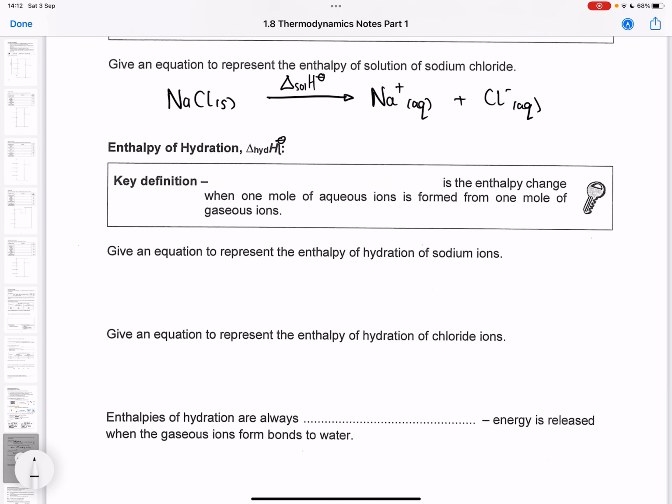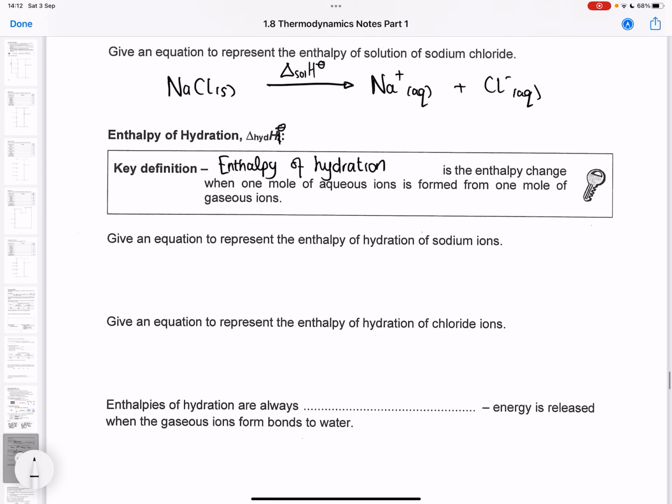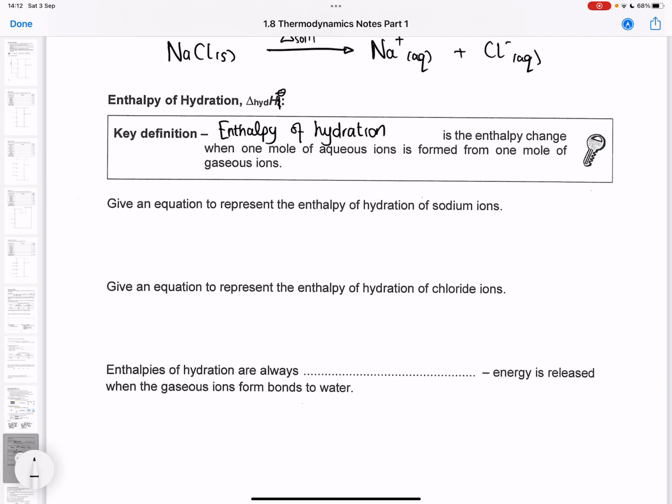Whereas hydration, I'll just correct that, there's a bit of an error there, is the enthalpy change when 1 mole of gaseous ions becomes 1 mole of aqueous ions. And so if we were to do that for our sodium gaseous ions, they could become Na+ (aq), or our chloride ions could become aqueous chloride ions.